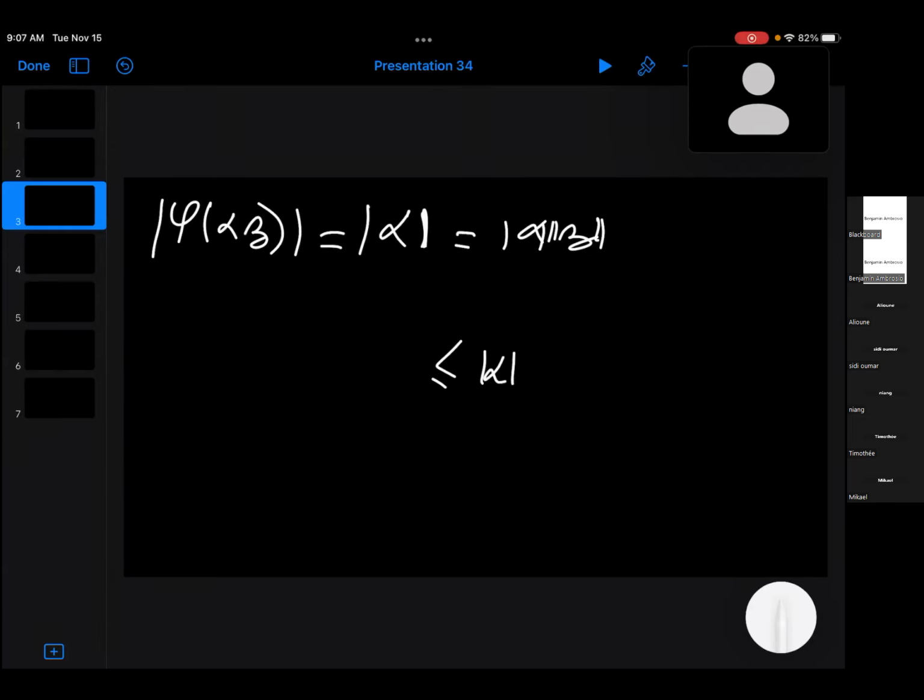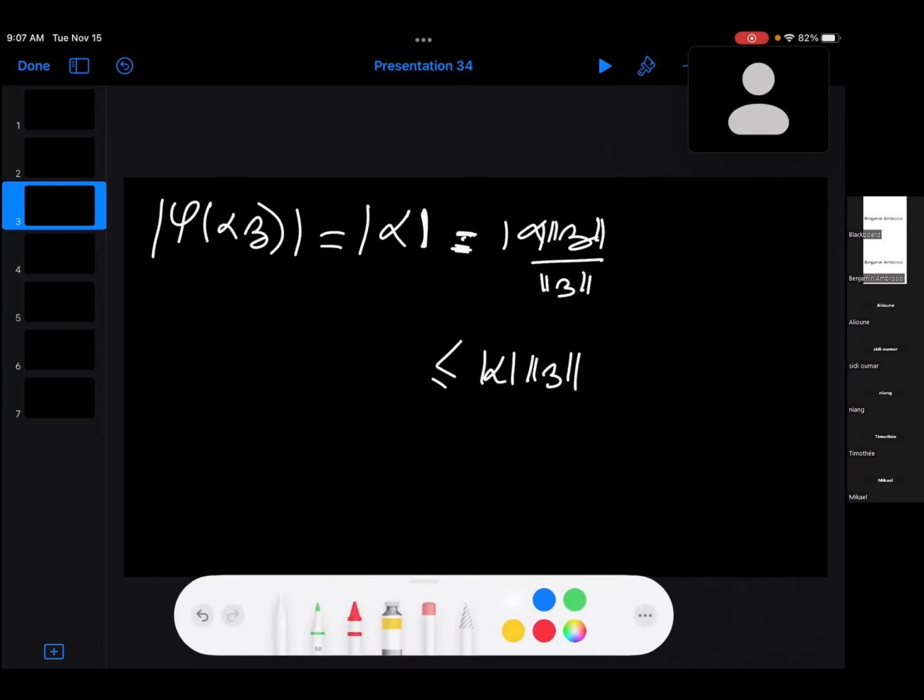So this is equal to the norm of alpha z divided by the norm of z.